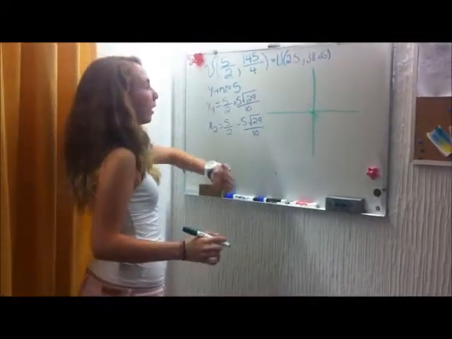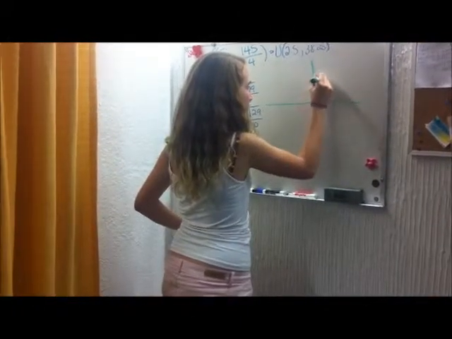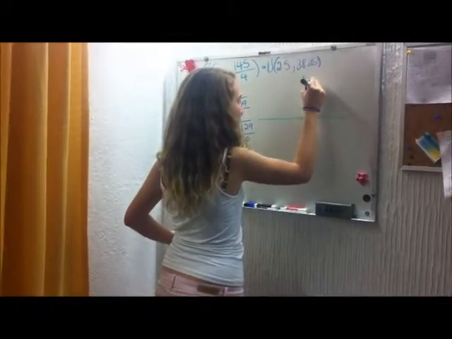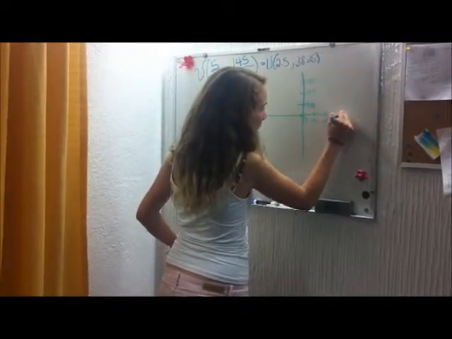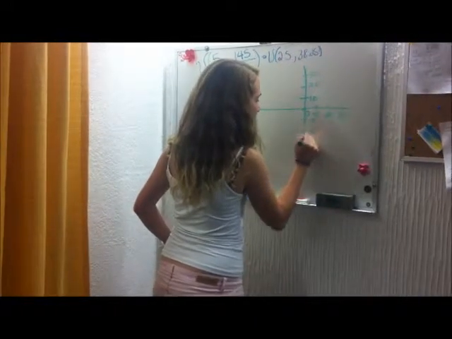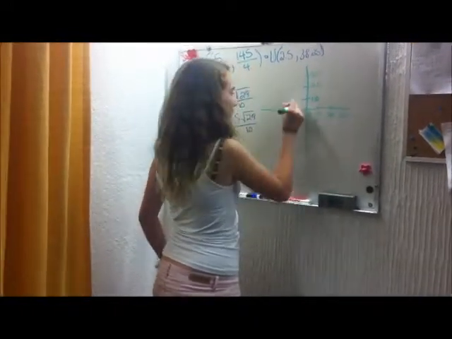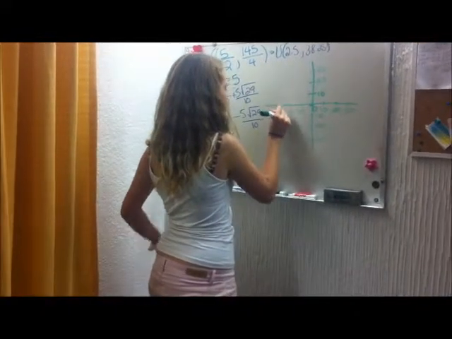I'm going to divide it by 10. This is 10, here is 20, here is 30, and minus 10, minus 20, and minus 30, okay?